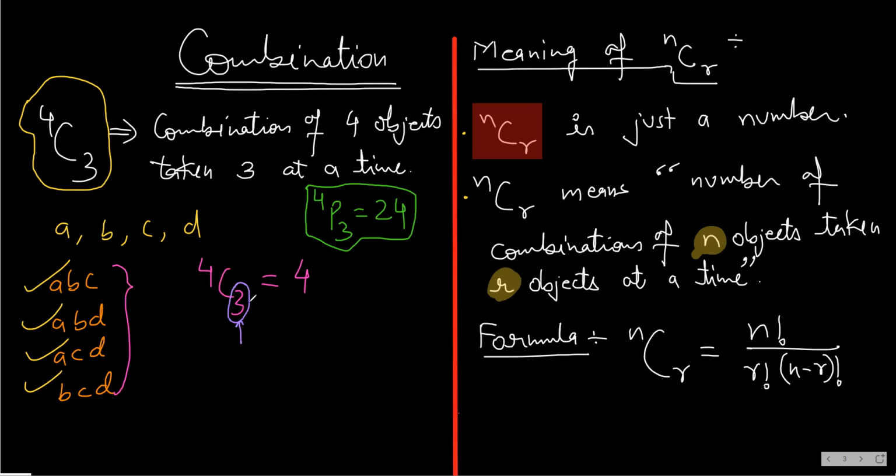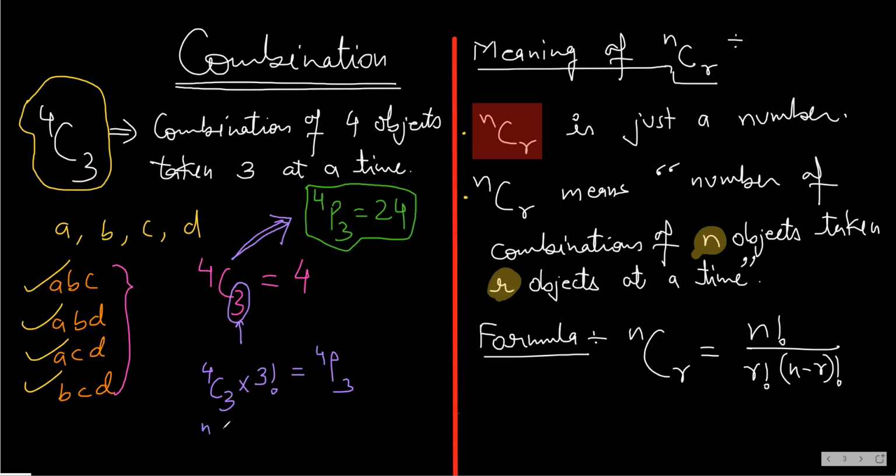When you do that, you will end up getting 4P3. So if I write here 4C3 into 3 factorial, it is 4P3. Yes, it is 4P3. 4C3 into 3 factorial is 4P3.